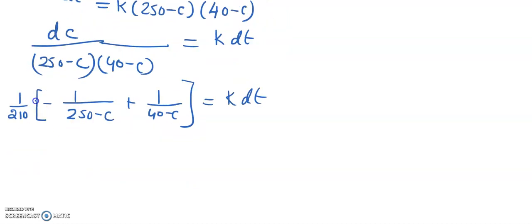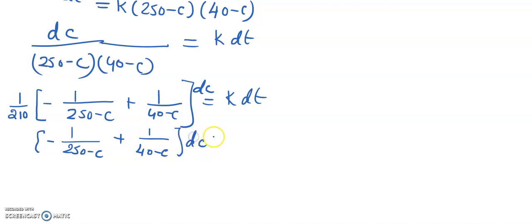And then I can take 210 to the other side. So it will be 1 over (250 minus C) plus 1 over (40 minus C) dC equal to 210 k dt.